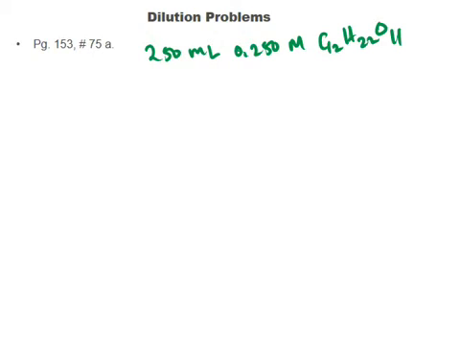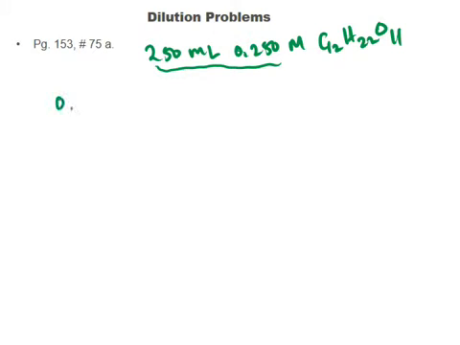First, we need to find out how many moles of sucrose I need in that volume. Now, 0.250 I can write as moles per liter.